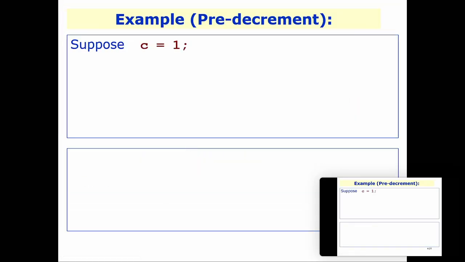So let me give you an example. Let's suppose that c equals 1. And then we want to assign minus minus c to the variable result. So this is pre-decrement. What's the meaning of it?